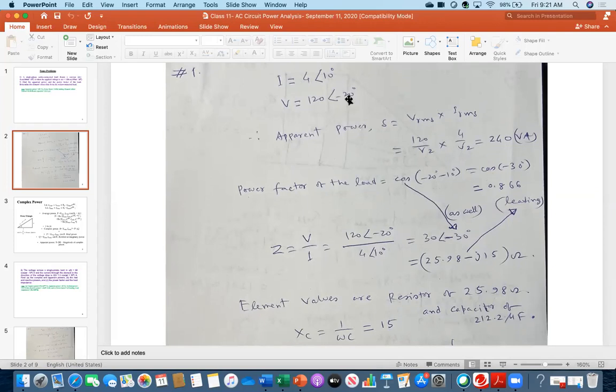When I subtract this angle from this angle, I also got minus 30. Therefore, you can calculate the power factor two ways. One is, if you have the voltage and current expressions and their angles available, just subtract and then take the cosine. In other words, you may calculate Z and then the angle of Z, which will be the same thing, and then take the cosine.